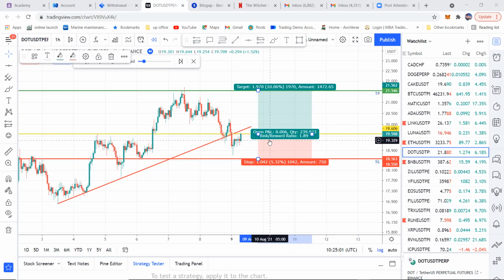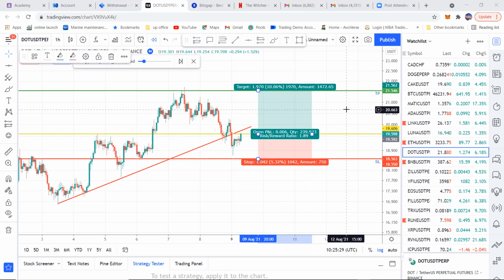And now if we have a look, our risk to reward ratio is 1.89. That means for every dollar we're risking, we are potentially going to make $1.89. There's no exact set ratio that you have to have. You wouldn't want to go down to just one, because for every dollar you risk, you're only potentially going to win $1.